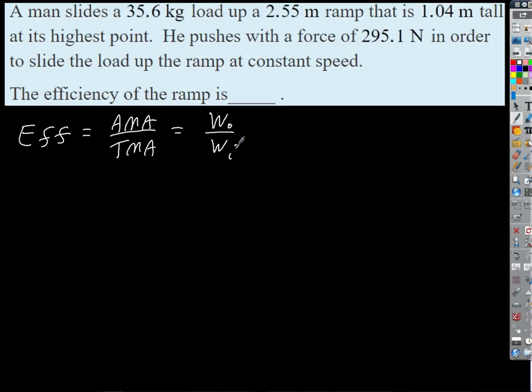So what's my output force? 35.6 times 9.8. It's the weight of the object, right? It's got to be a force. Okay, that's the mass. The weight of the object. So what's that equal to?